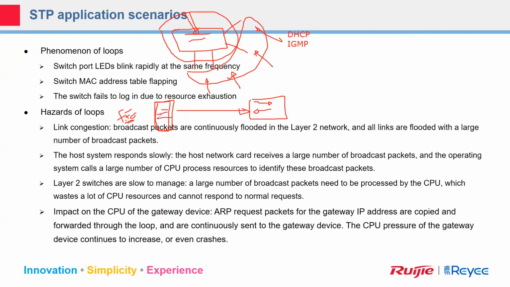That server will send the packets to the joined PCs of that multicast traffic. Let's say this is PC1 and PC2, and maybe there are other PCs here, PC3 and PC4.